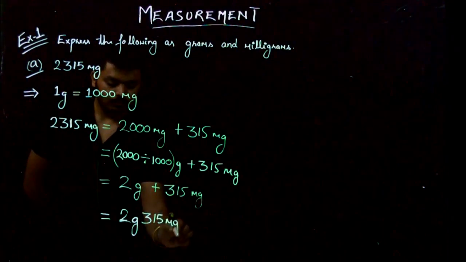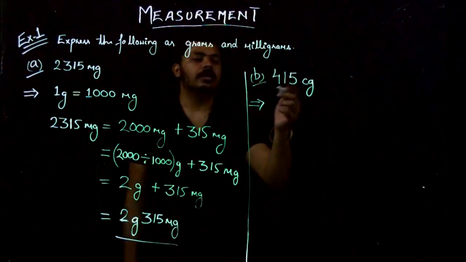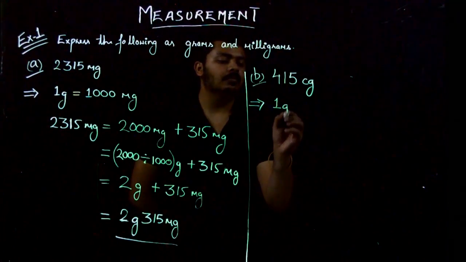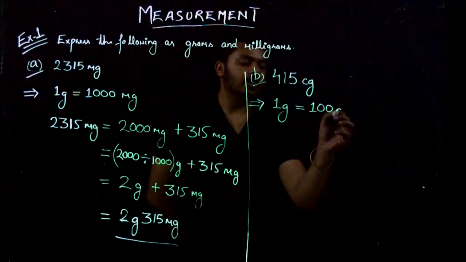Now part B, we have 415 centigrams. We know that 1 gram is equal to 100 centigrams.